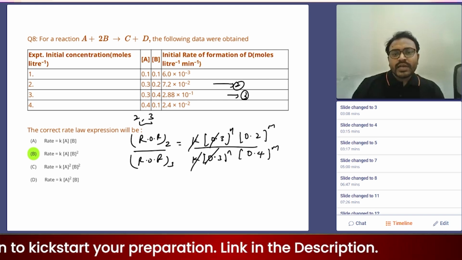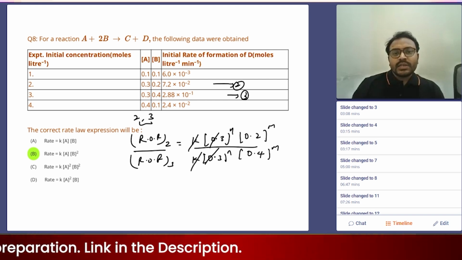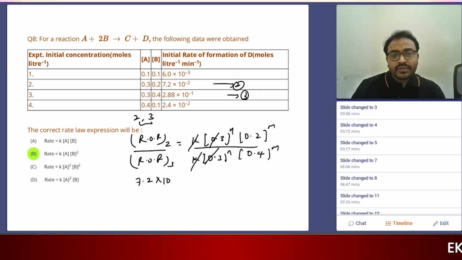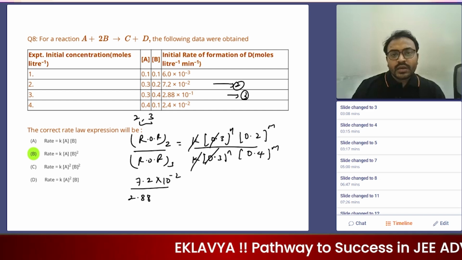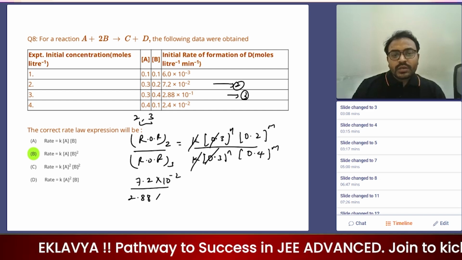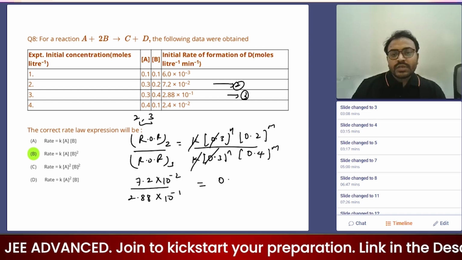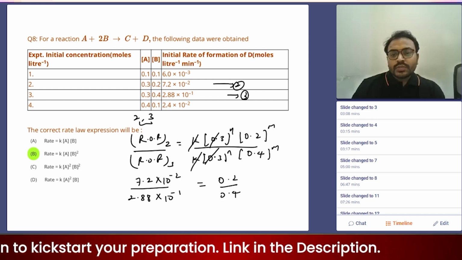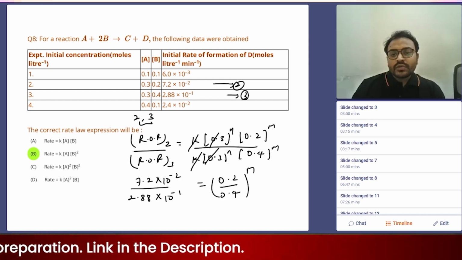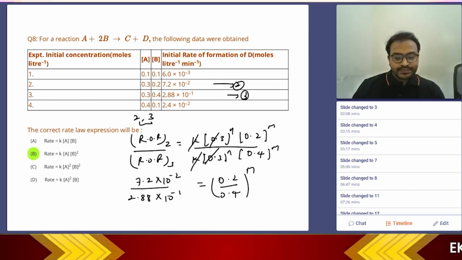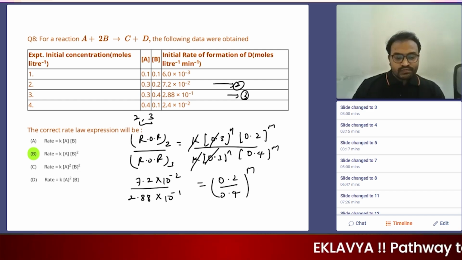So this value will get cancelled, and the rate of reaction for the second equation is given as 7.2 into 10 to the power of minus 2, divided by 2.88 into 10 to the power of minus 1, equal to 0.2 divided by 0.4 to the power of m. It can be written like this, okay?